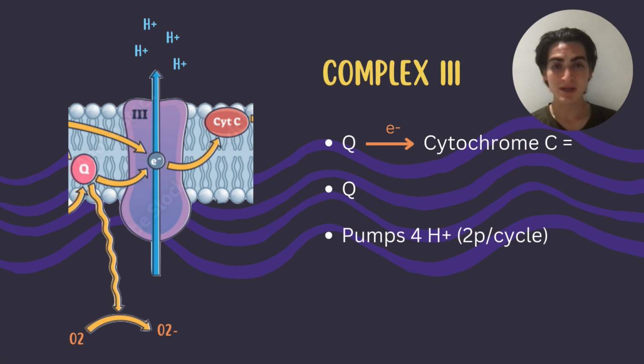What mainly characterizes what takes place in complex 3 is that the ubiquinol coming from the previous complex donates both of its electrons.